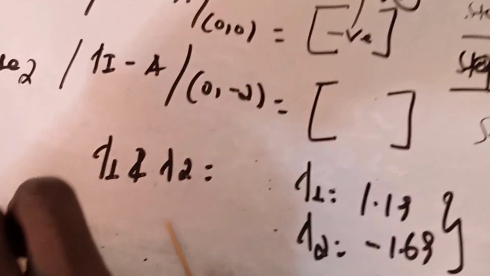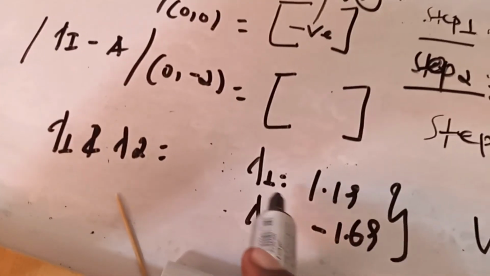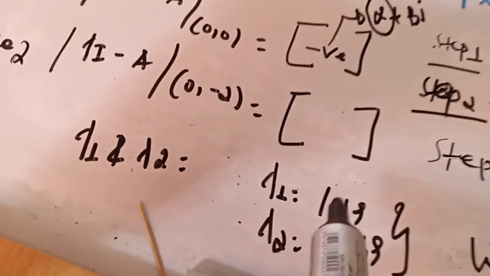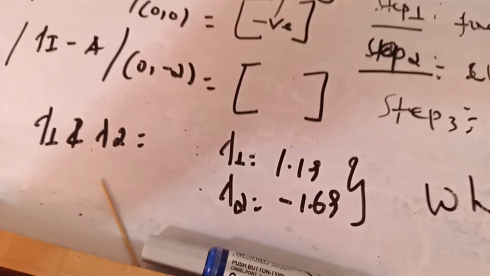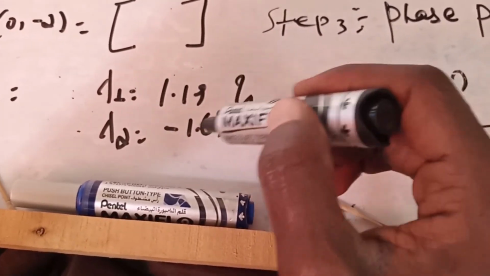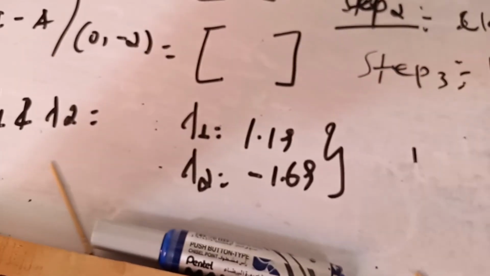For that negative lambda value, the phase portrait diagram is like this, because it starts somewhere and converges to the origin. When you come to the second case, in case 2, look here, we have lambda 1 positive and lambda 2 negative.